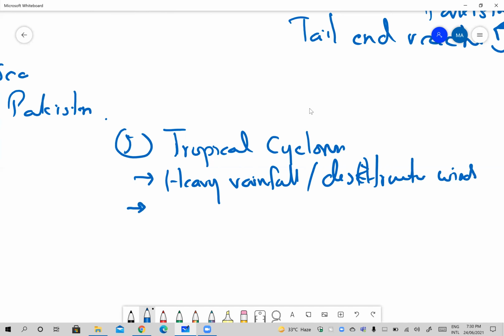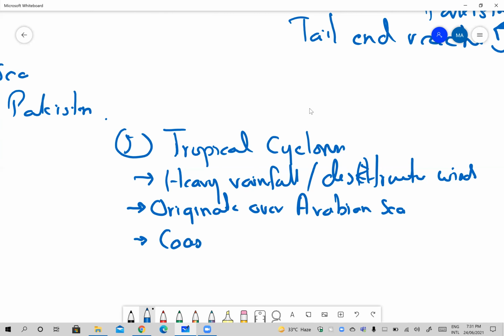And they originate over the Arabian Sea and they reach these coastal areas of Pakistan.